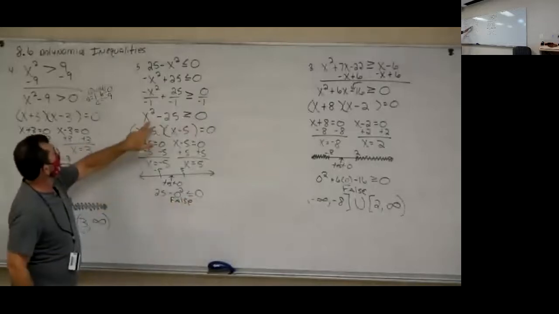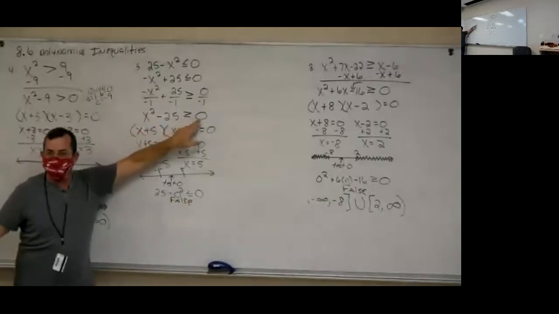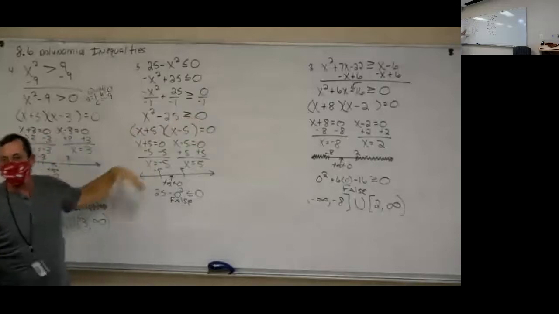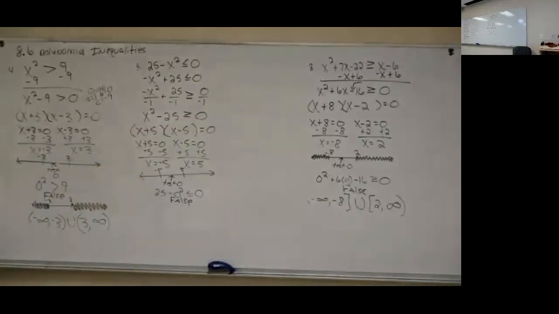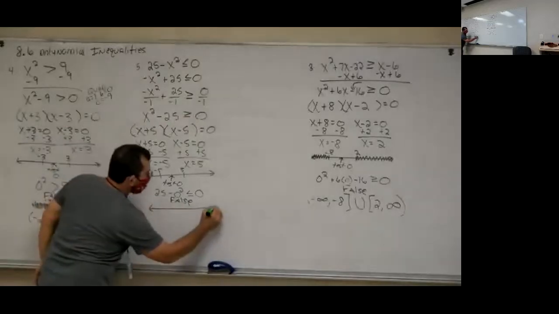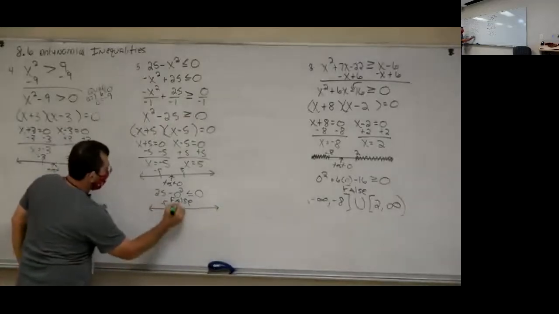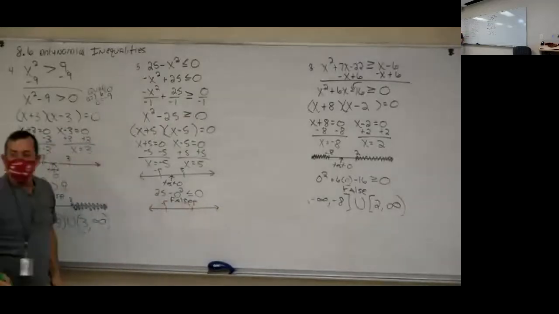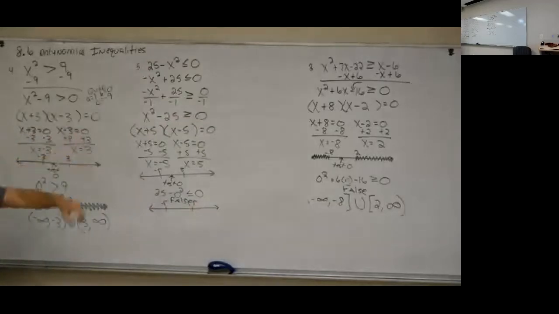If you put the 0 in this one, -25 greater than 0, that's false. So no matter which equation you're going to use, it's going to be false in the middle. So since it's false where the 0 was, we're going to shade the outsides.